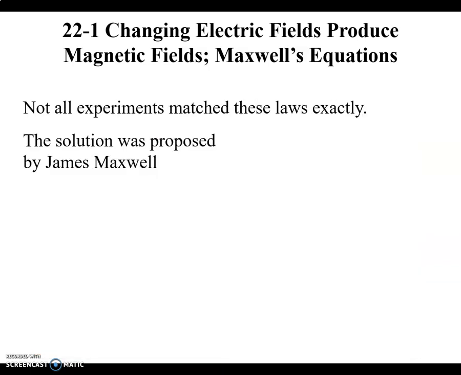Okay, so these equations were really good, and yet not all electricity experiments fit these laws exactly. There were some experiments that were still unexplainable. Towards the end of Michael Faraday's life, a young man by the name of James Maxwell came along and found the solution to these problems.